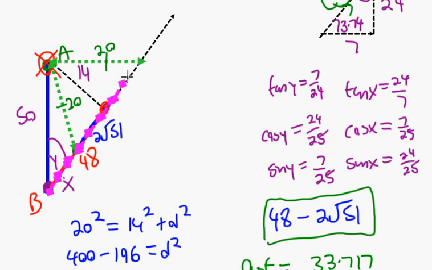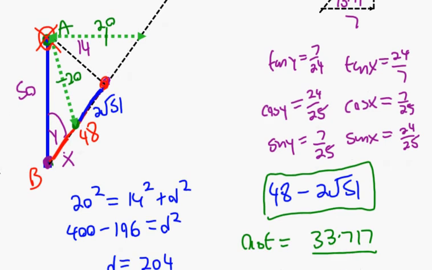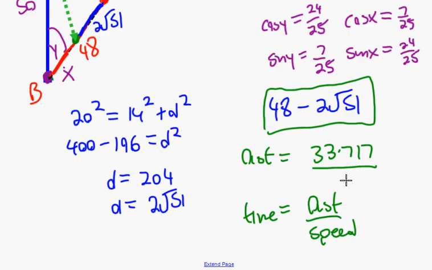You keep moving at 25 kilometers an hour. That's B moving relative to A. Everybody got that? What distance did we say we had to cover again? We had to cover 33.717. So time will therefore be 33.717 divided by 25.